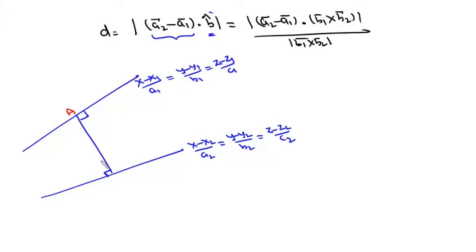And this is line AB, which is the line of shortest distance between the two given lines.